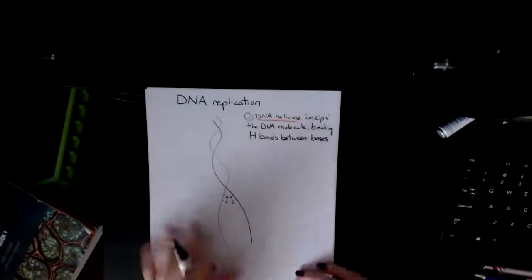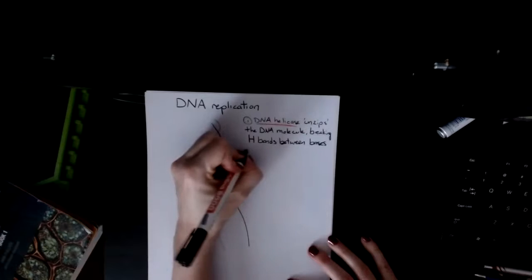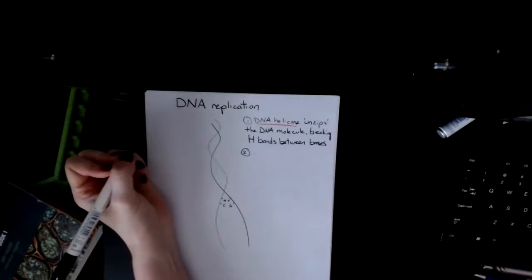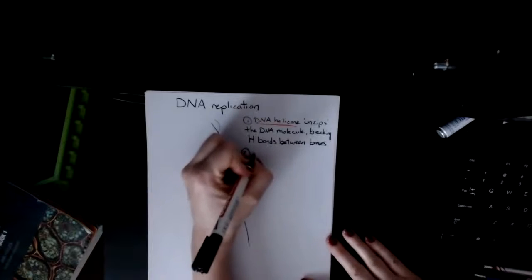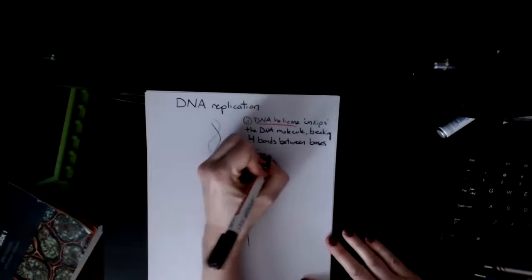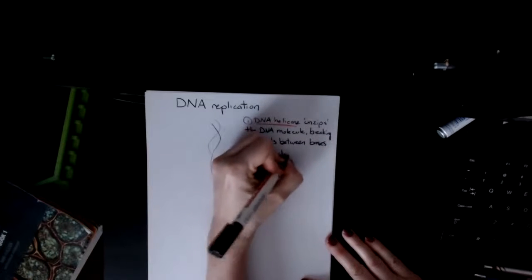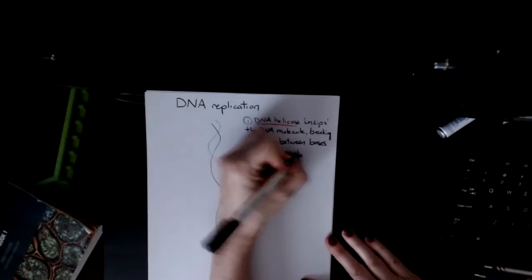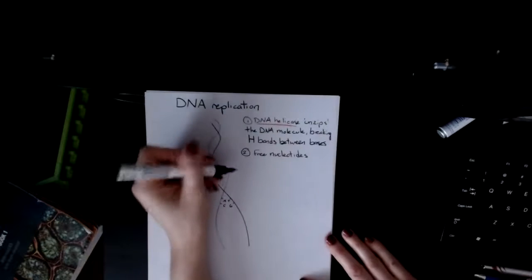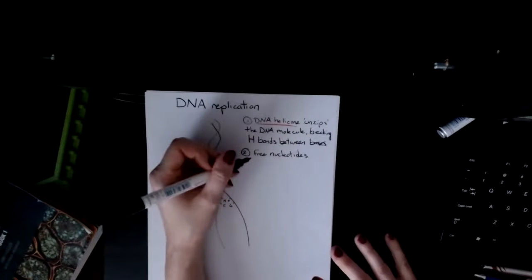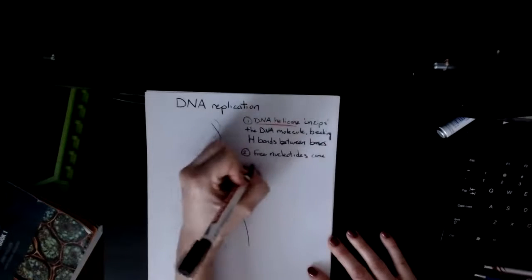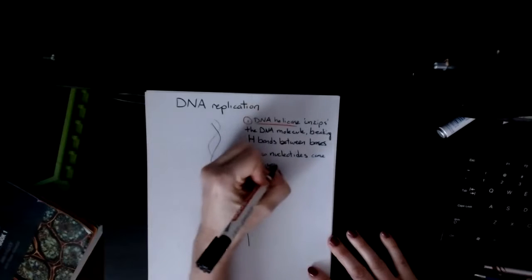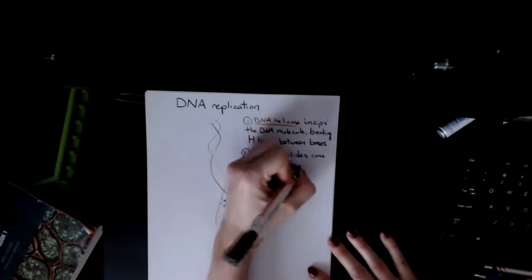And then the second thing that happens is you get nucleotides that come in and match these bases. All right, so free nucleotides. And you want to be clear on how you're phrasing this. So the idea is that the free nucleotides come and pair up with the exposed bases.